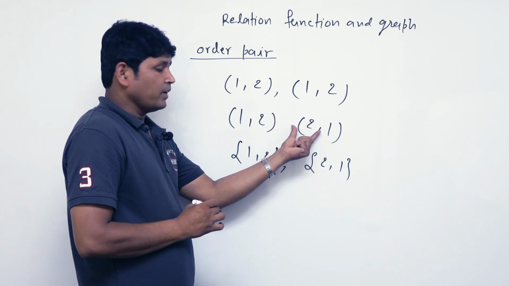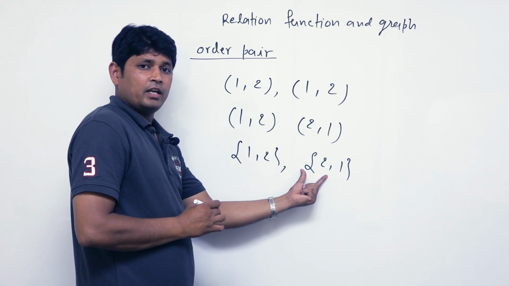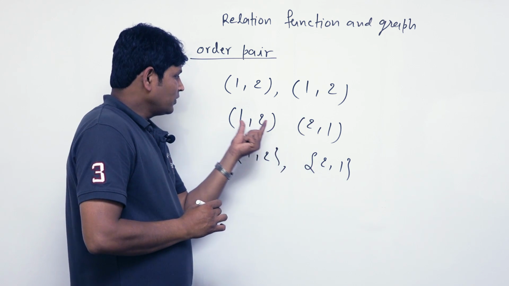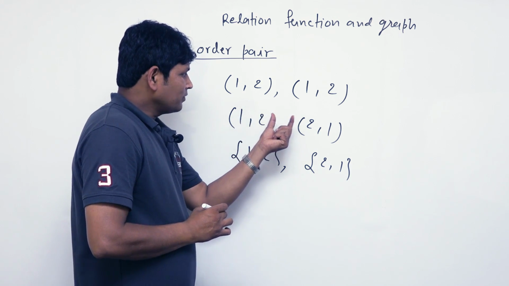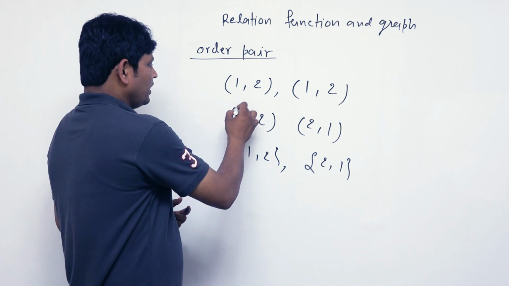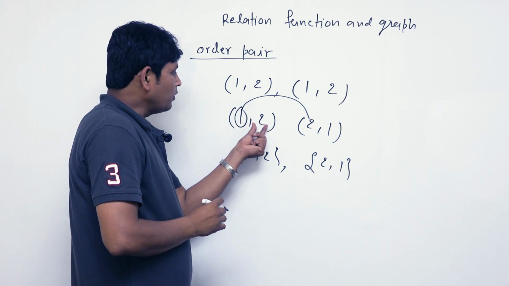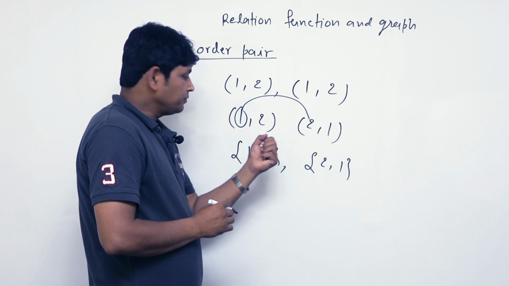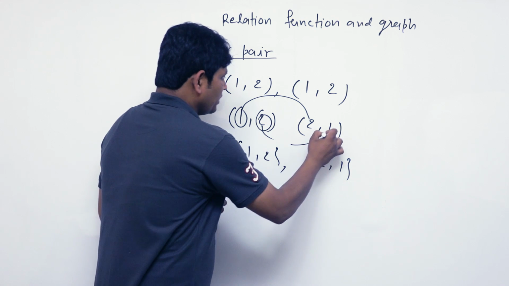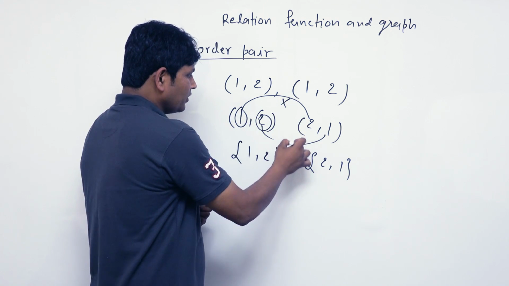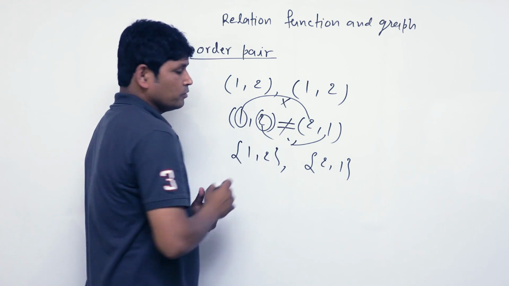In ordered pairs, they are different, but in sets, they are equal. So to say ordered pairs are equal, their corresponding components should be equal, first with first and second with second.